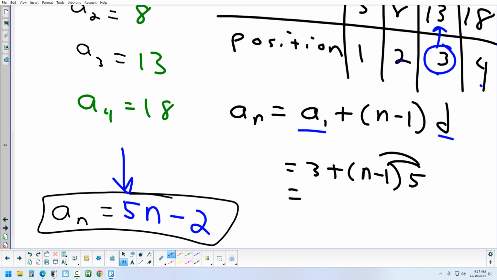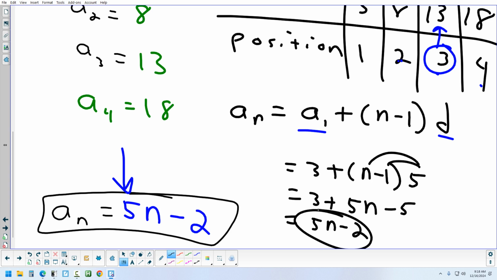First thing we need to do is distribute. What's 5 times n? 5n, and 5 times negative 1? Okay, and now does that look exactly like that? No. But we have like terms we can combine. What's 3 take away 5? Negative 2.